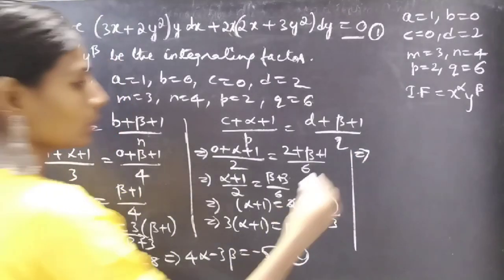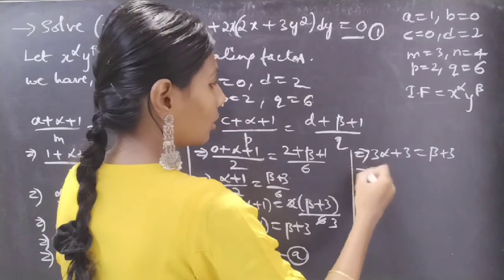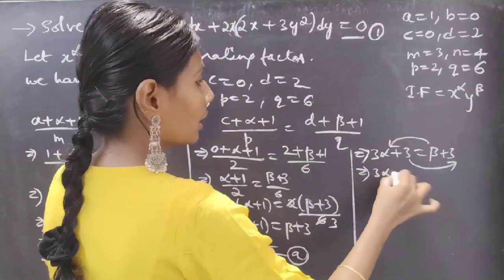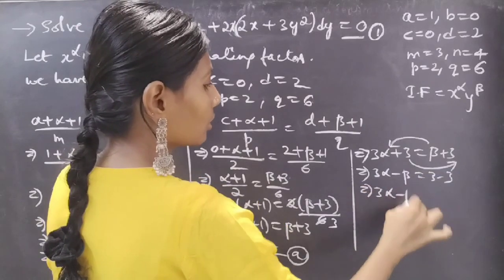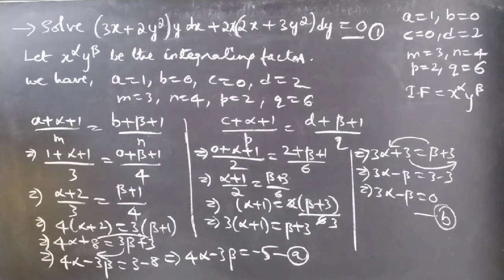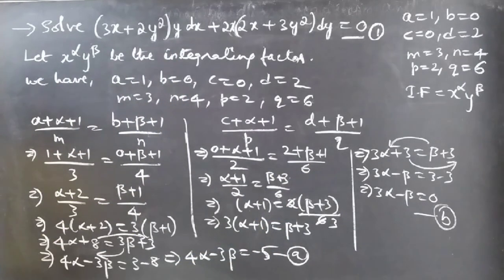From this we'll get 3 alpha + 3 = beta + 3. Now bring this beta to LHS, take this 3 to RHS, from this we'll get 3 alpha - beta = 0. Consider as equation number B. Now we got two equations, 4 alpha - 3 beta = -5 and 3 alpha - beta = 0. Now by solving these two equations, we'll get the values of alpha and beta.